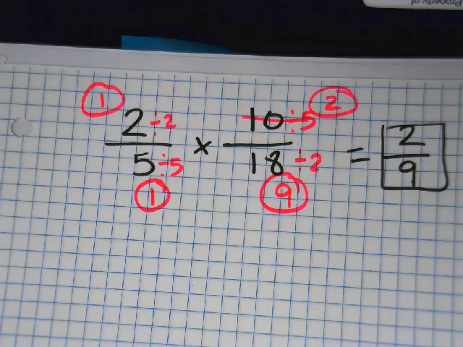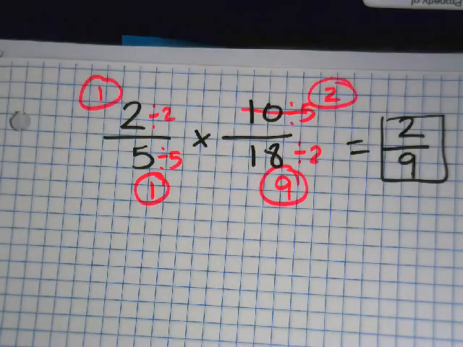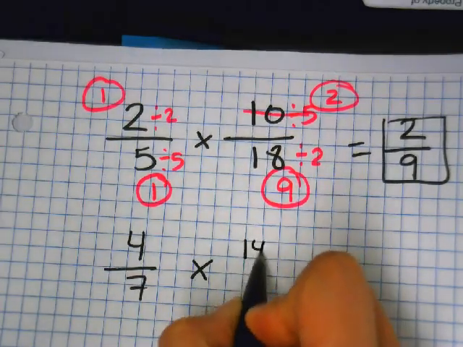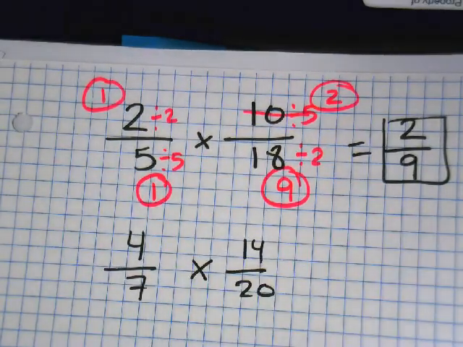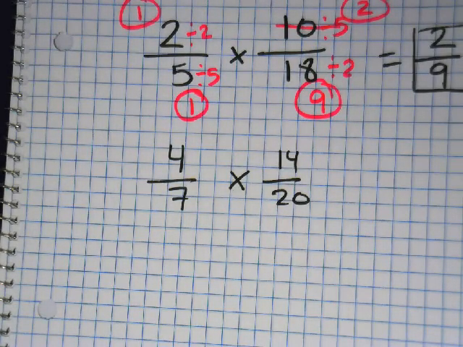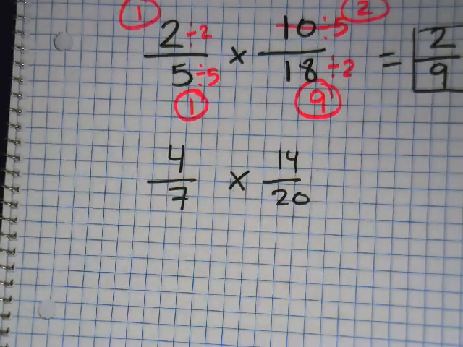All right, let's give you maybe an easier one. 4 over 7 times 14 over 20. Check your corners.